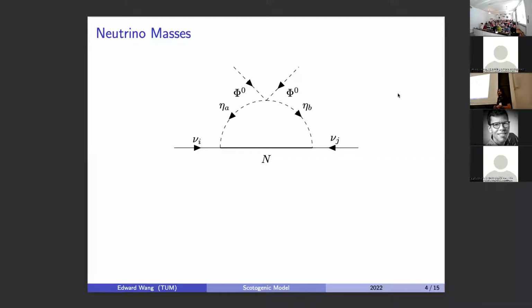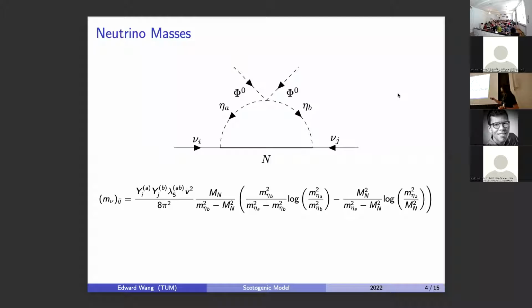The mass matrix that we obtain has this form. What is important to note about this is that here we have this product of the different couplings, and we have the masses of the particles in the propagators here in the denominator, meaning that if any of these couplings, or if all of the couplings are small, or if any of these masses are very large, we will automatically obtain small neutrino masses.